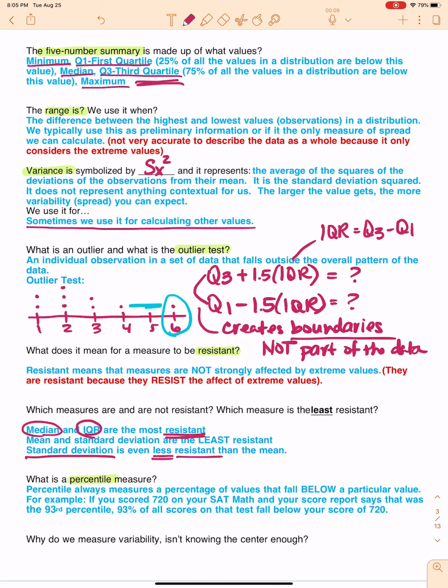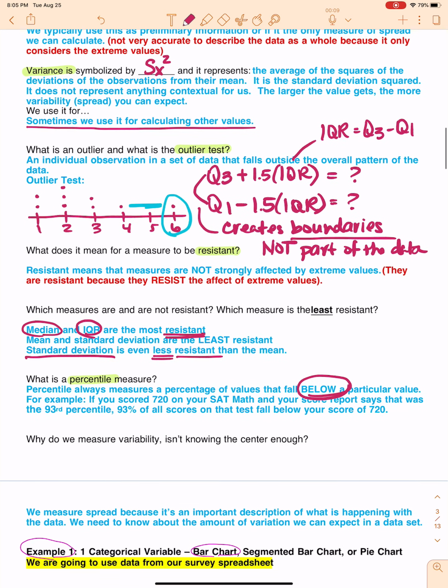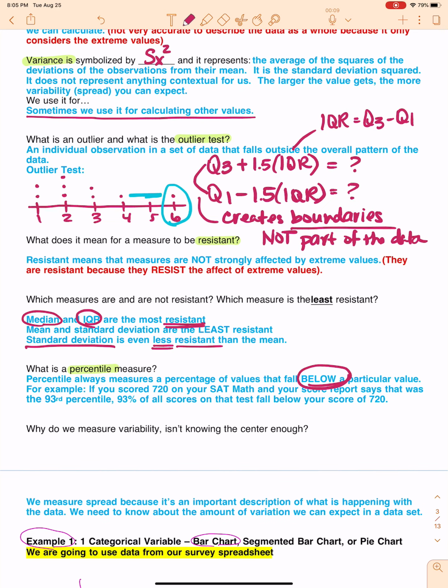When I say something like percentile, it means always below that value, always, always below. So most of you are going to understand that because that's something you've been hearing all through your high school career.